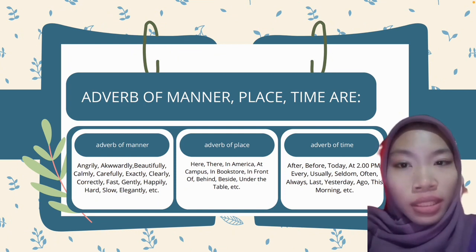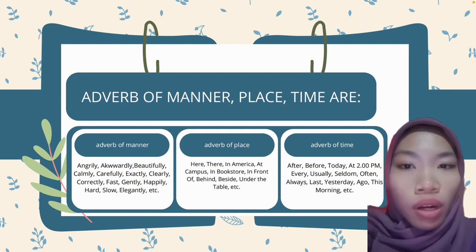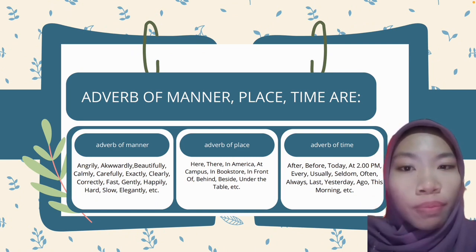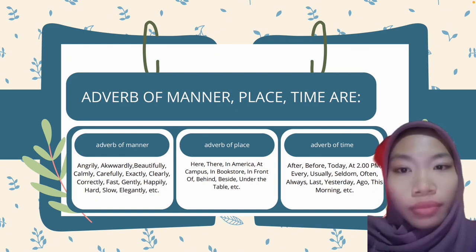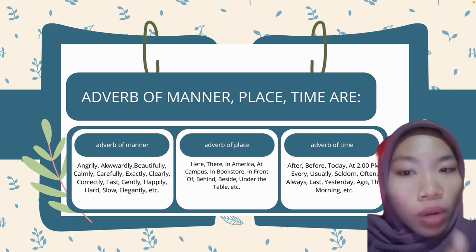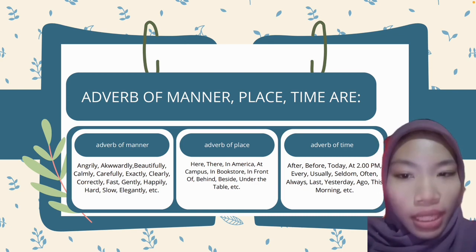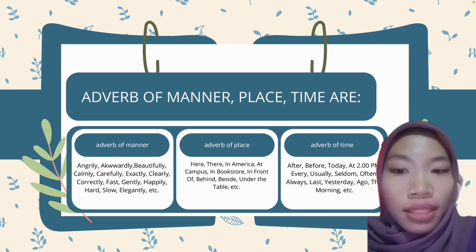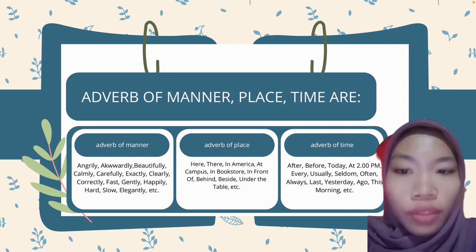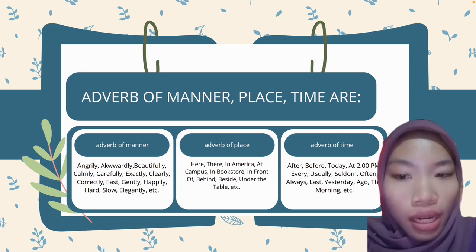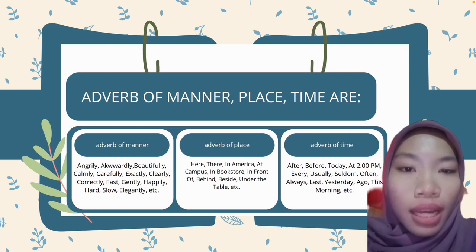Adverb of manner can be meant as a word of description used to describe how or the process of an event. Examples are angrily, awkwardly, beautifully, calmly, carefully, correctly, clearly, fast, exactly, slow, frankly, gently, happily, hard, and others.